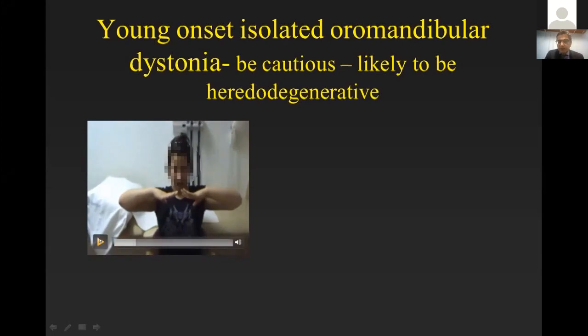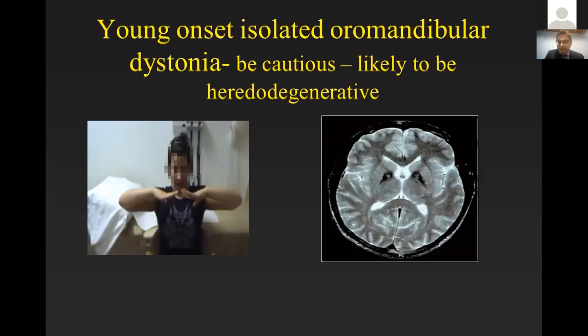And hence, this is somebody you would be cautious with, you would investigate, and this lady turned out to have an NBIA with iron deposition in the brain and very characteristic eye of the tiger, which is due to the PANK2 gene mutations. So the reason why you were careful about this patient, not calling her isolated dystonia and investigating her, is because the age of onset and the distribution was not correct for that.